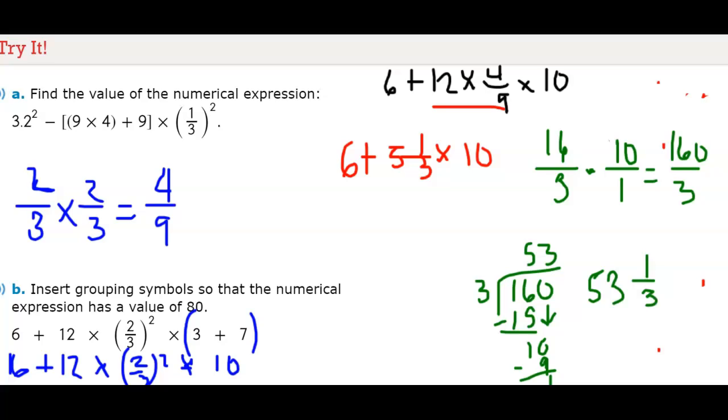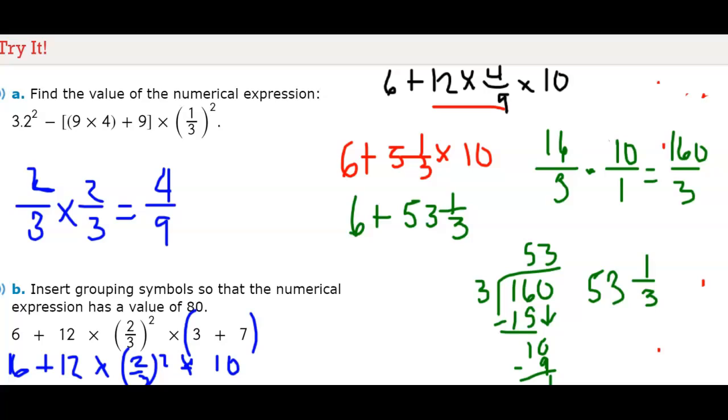So that is as simplified as that can get. So we have 6 plus 53 and 1/3. So now all we have left to do is 6 plus 53 and 1/3.